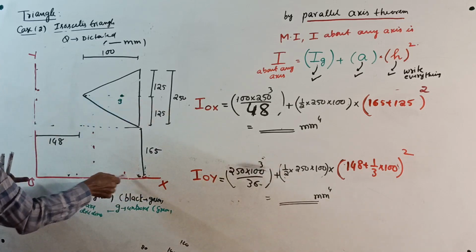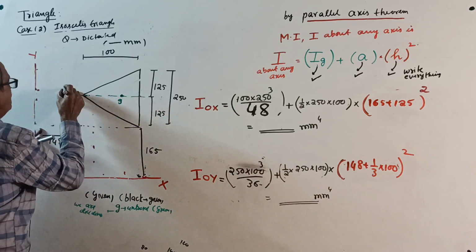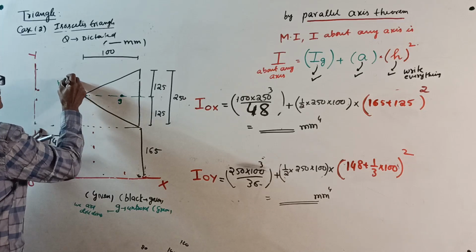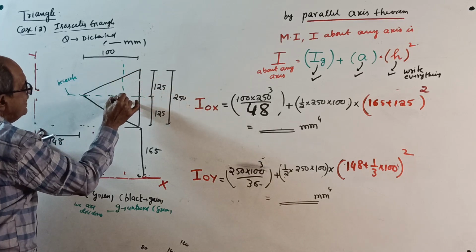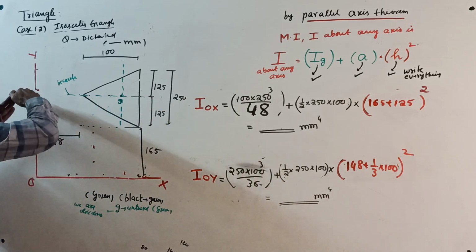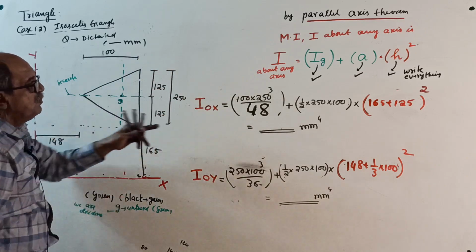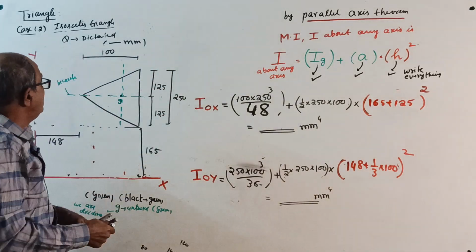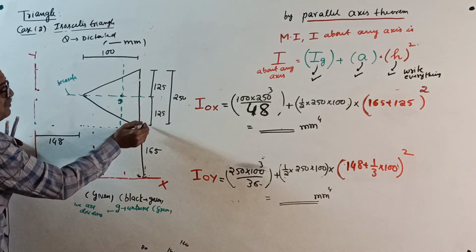First, I about OX. Now remember, about this axis, be careful. About this axis, usual triangle. See, you can write here, usual triangle. Start. I about OX. First, I about its own axis. 100 into 250 cube by 48 plus area into this distance square, 165 plus 125.